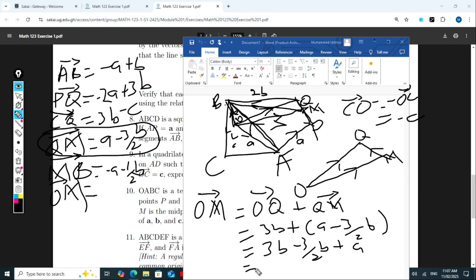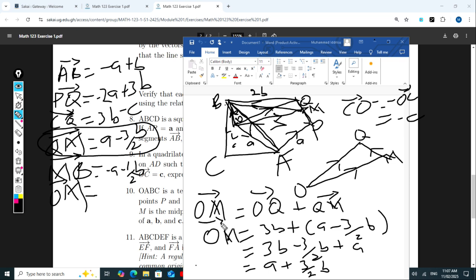Let me bring my a first before that. So a plus 2 times 3 is 6, 6 minus 3 is 3, so 3 over 2b. So OM is what? a plus 3 over 2b.